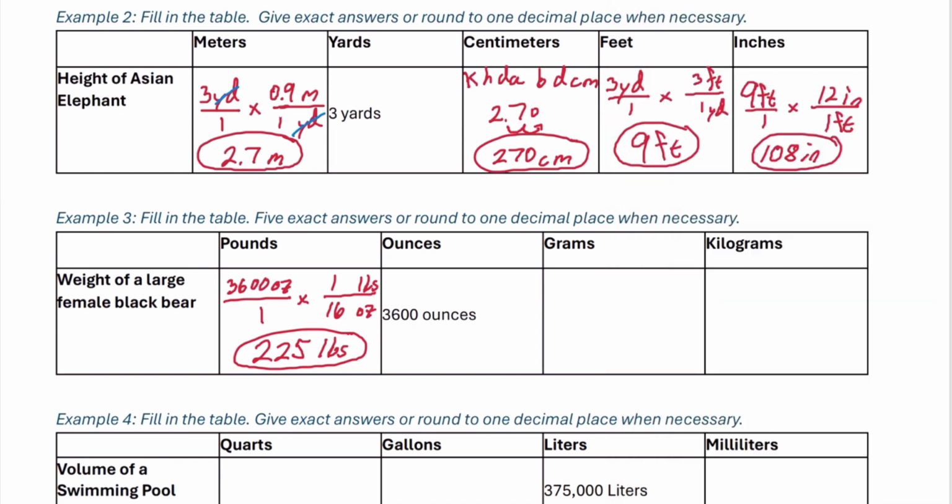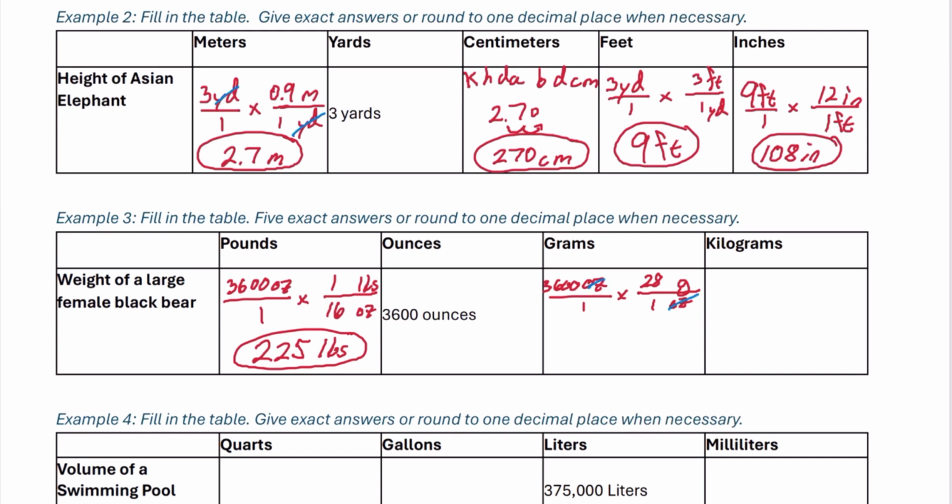Next, let's convert to grams. We have 3,600 ounces. We'll use dimensional analysis to get grams. We know that there's approximately 28 grams in every ounce. Ounces will go away.